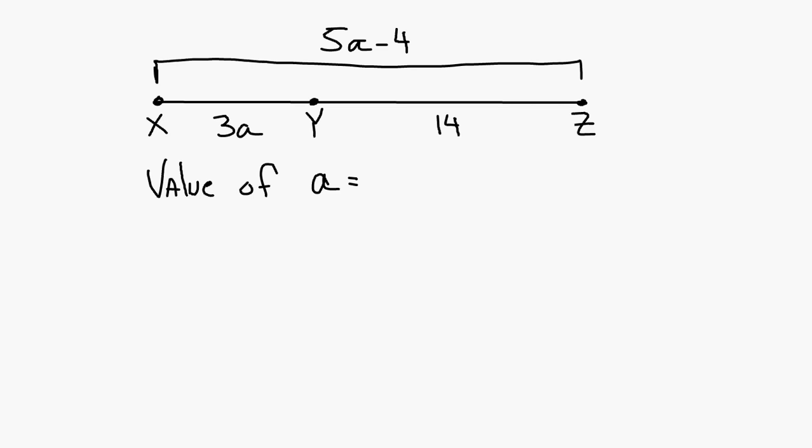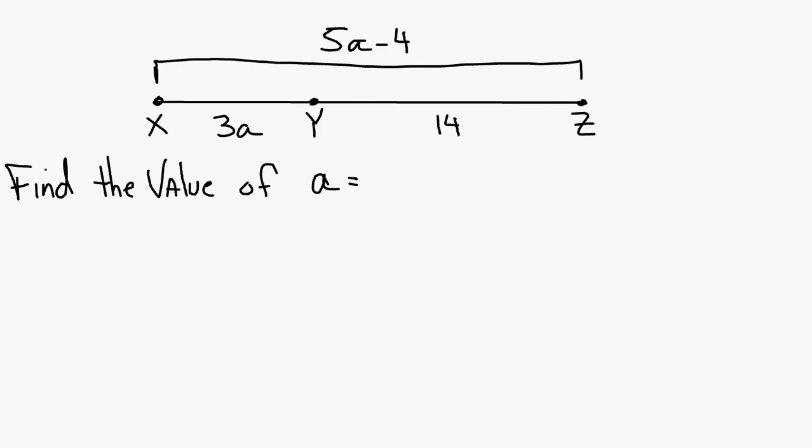Y to Z is equal to 14, and X to Z is equal to 5a minus 4. Find the value of A. That's how you'll be given the question. This is a picture of that description.